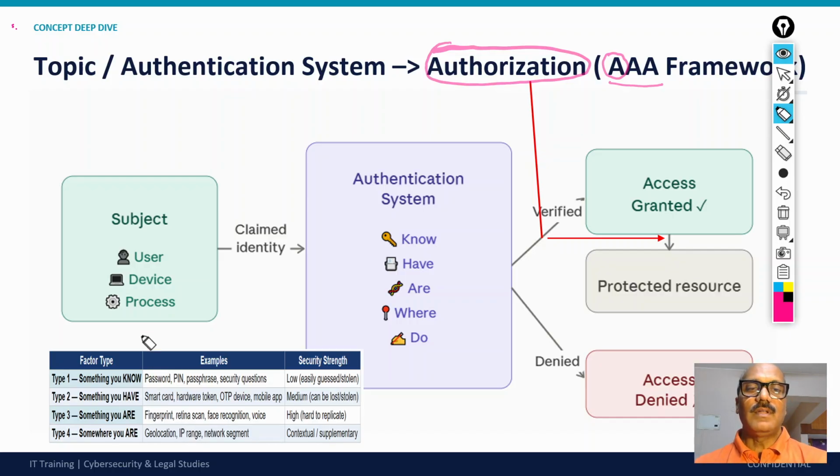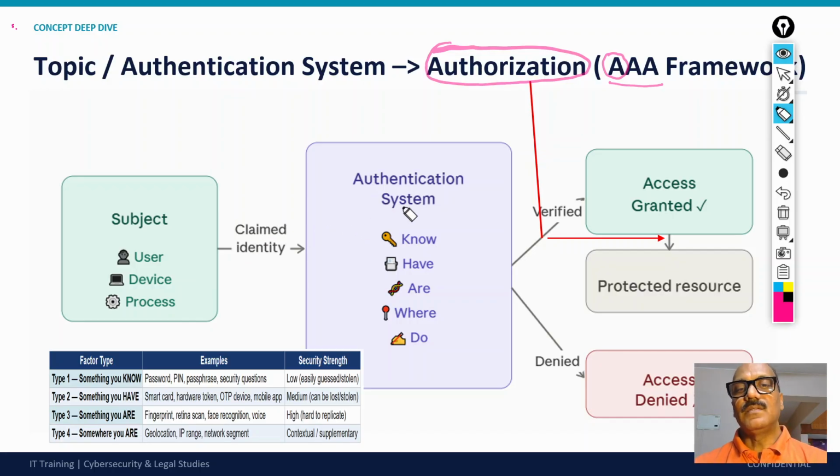All this will travel over the network, and the server in the network to whom we are trying to prove our identity will verify the username and the corresponding password. Similarly, username and corresponding biometrics, and similarly for a device, it will verify everything. If a match is found, the identity claimed, that is the unique username, unique device ID or IP address, or process ID or process name, their claim is verified.